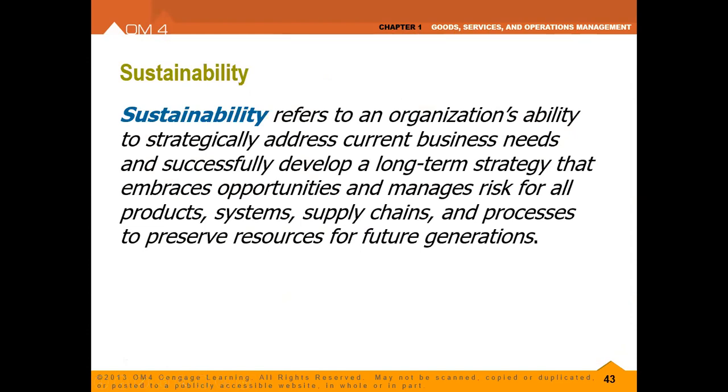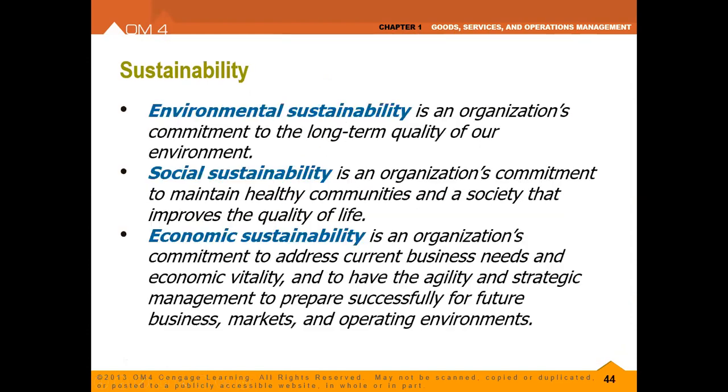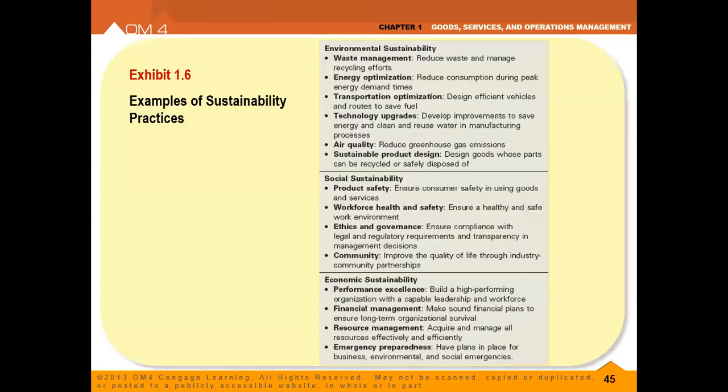Now I'm going to skip really quickly to sustainability. There are 3 types of sustainability: environmental, social, and economic. We want all kinds of sustainability so that we can be very efficient, and it will make the business last longer. In theory, we want the business to last forever, right?